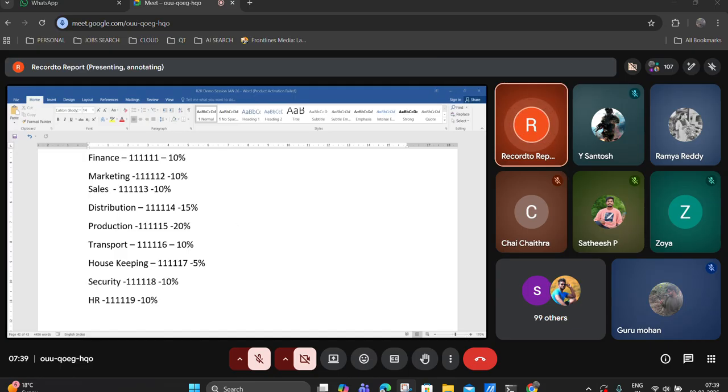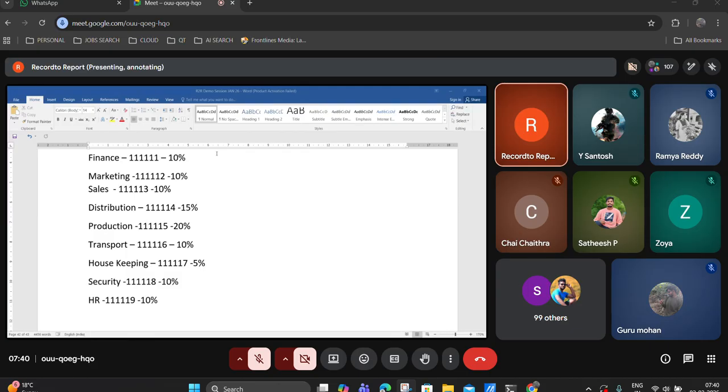So while processing the transaction in the journal entry, we need to update. The first important thing we need to update is the company code. Company code is also called CO or LE. The next is the account code we need to update.